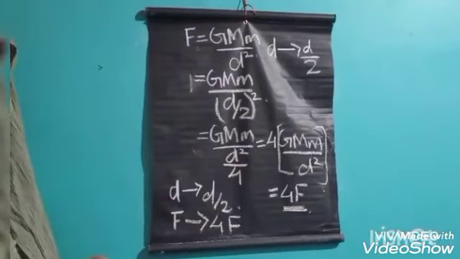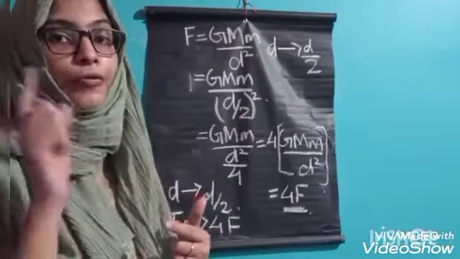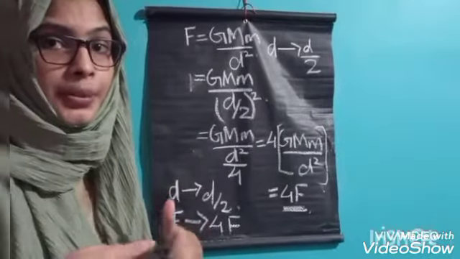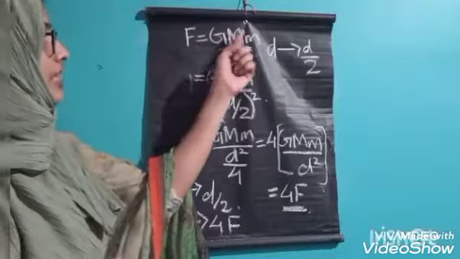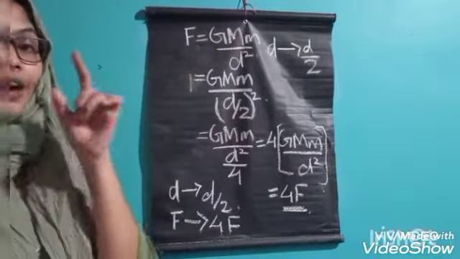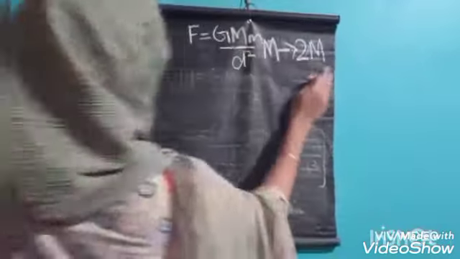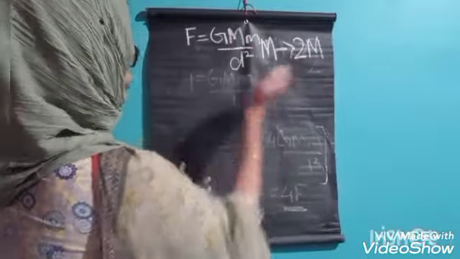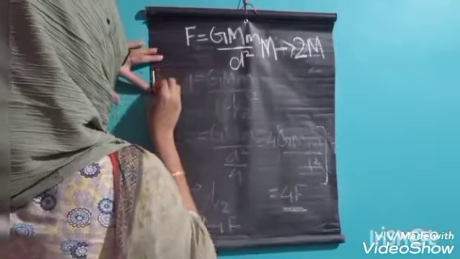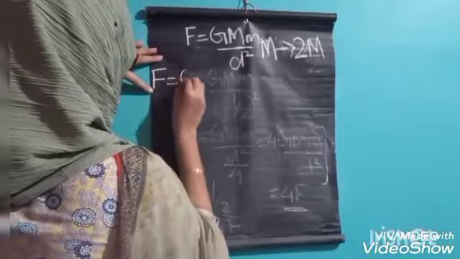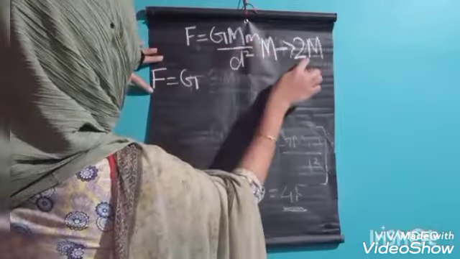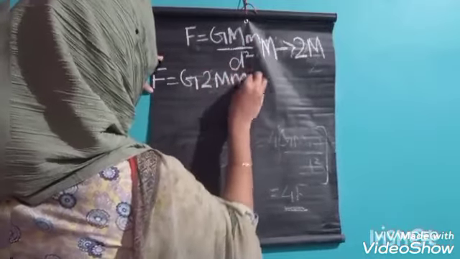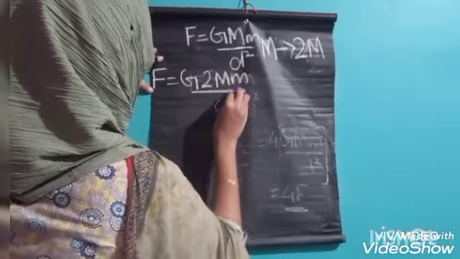Then the next one is when the mass of one object is doubled. Here the attraction takes place between two objects. The mass of one object is doubled, that is m changes to 2m. In the place of m we write 2m, then F is equal to G into M into 2m by D square.